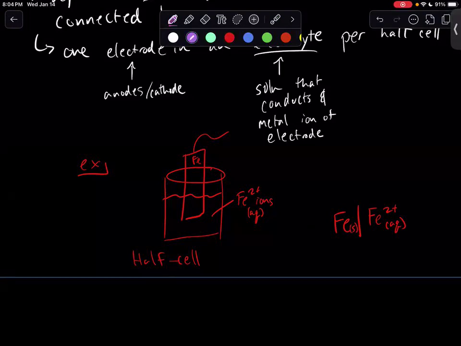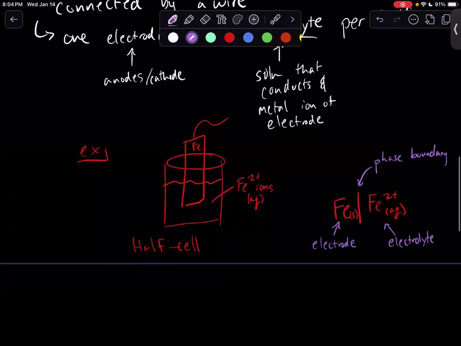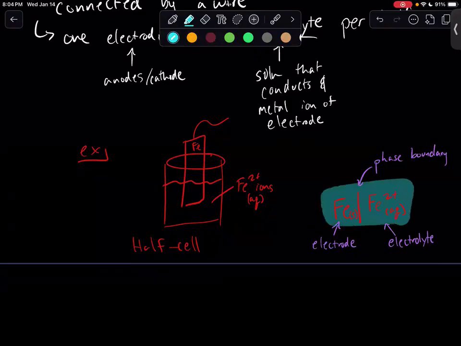What we're representing in this is our electrode, our electrolyte, and this line right here represents our phase boundary, separating the solid electrode from the aqueous electrolyte. So this is what we would use to represent our half cell. You should be able to both write and read this notation right here.